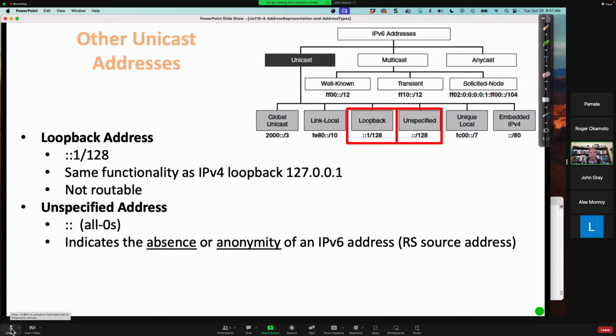I need a router advertisement message. And that's something you're not going to just send to me anyway. You're going to send to everybody, so you don't care who I am. If you don't need to know my IPv6 address, I can send it as unspecified. The source IPv6 address, I can be kind of anonymous. Not that it matters, not really for privacy, just that you don't really care.